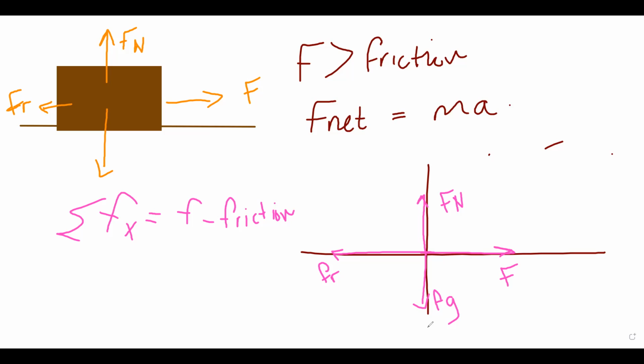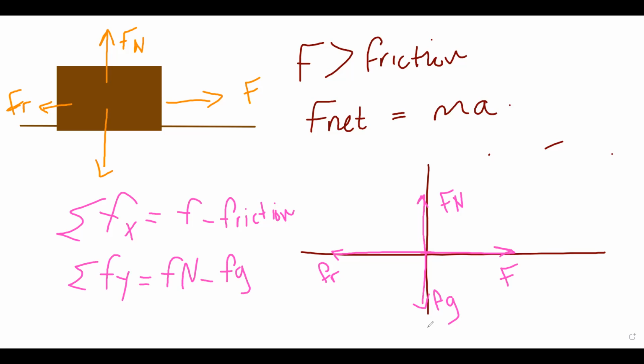The resultant force on the x-axis, F of x. Yes, it is F minus F friction. And the resultant force on the y-axis is the normal N minus F gravitational, yes.